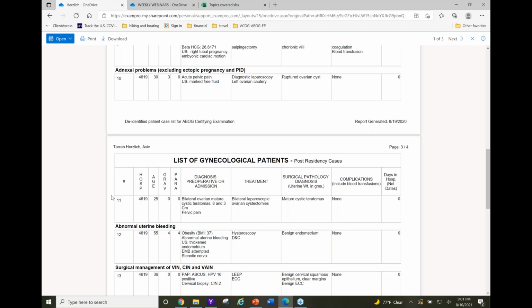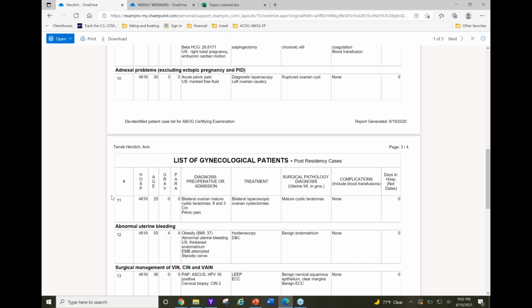Well, the cyst did not seem to be very large, so I was pretty confident that I could complete it laparoscopically. Of course, when I counseled her, I said, like I do for any laparoscopy, that there is an option that I may need to convert to a laparotomy, but I told her that it's unlikely.